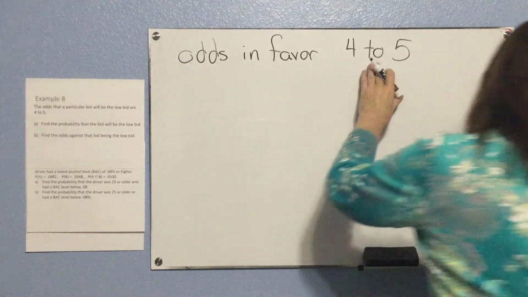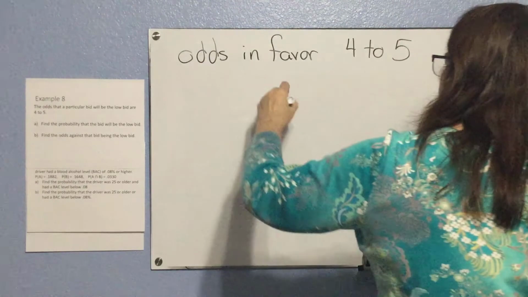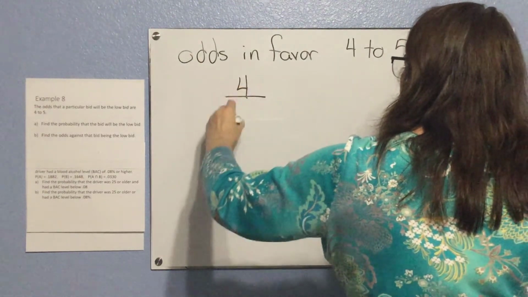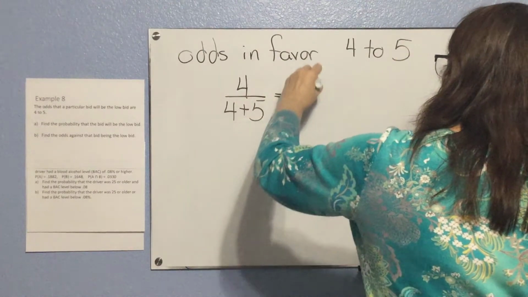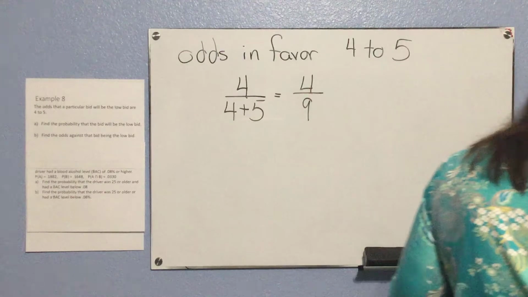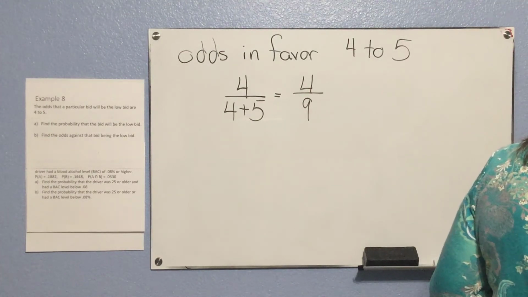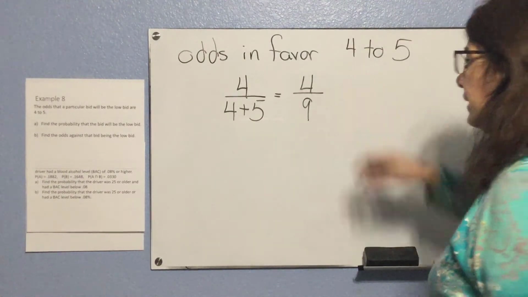So to find the probability here, I need to have 4 over 4 plus 5, or 4 over 9. Now that fraction's already reduced, so I can just leave it that way.